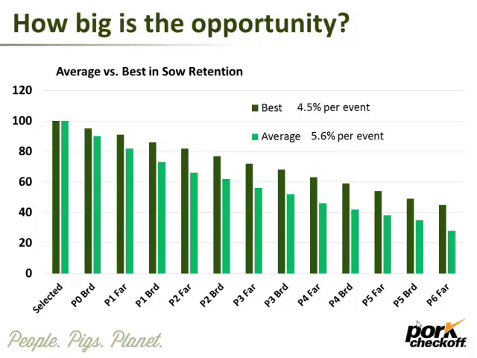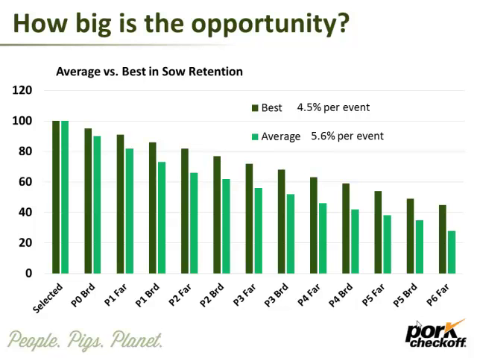And from the time they were selected out through sixth parity. And you can see quickly that the sows from the best farms are retained at a much, much higher rate.